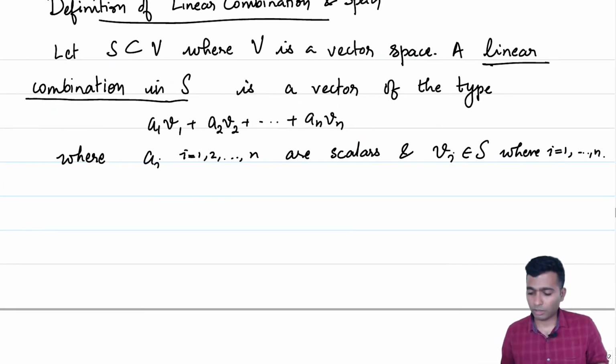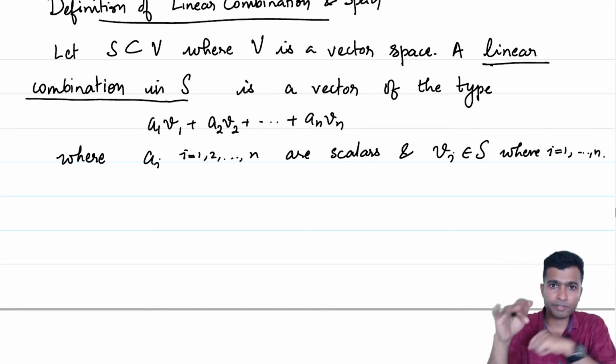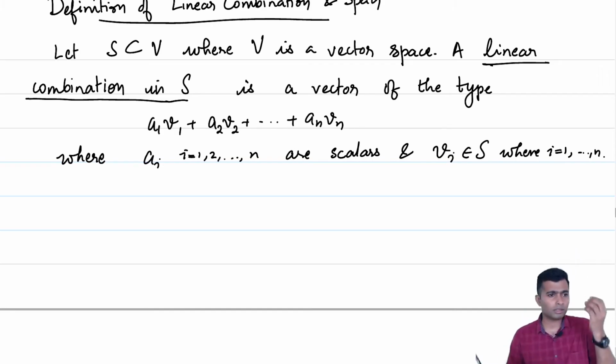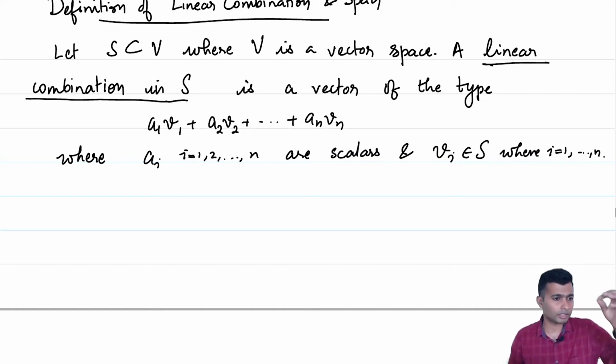So let's revisit our definition. Let S be any subset of our vector space V, and you pick V1, V2 up to Vn arbitrary vectors in S and fixed scalars A1, A2 up to An. Look at A1 V1 plus A2 V2 up to An Vn.